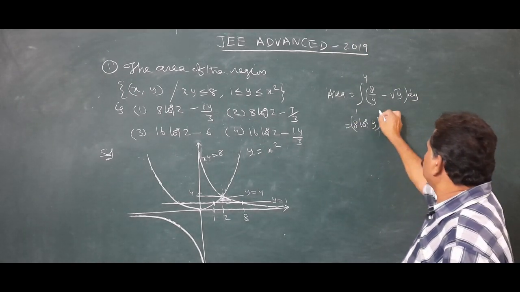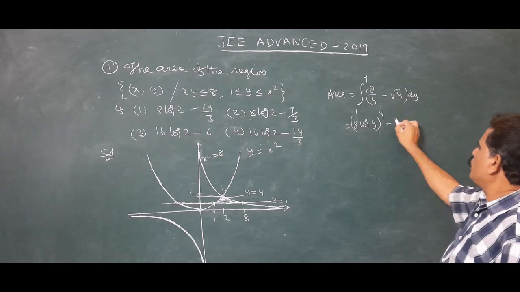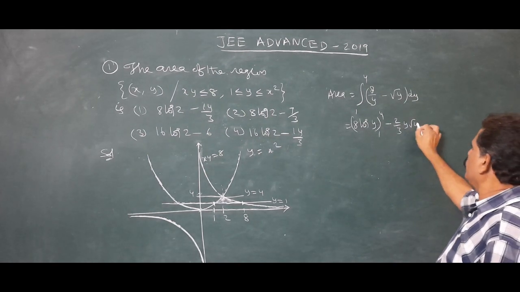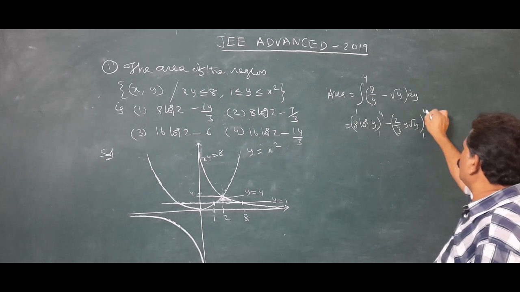Limits 1 to 4, minus (2/3) y root y over the limits 1 to 4.